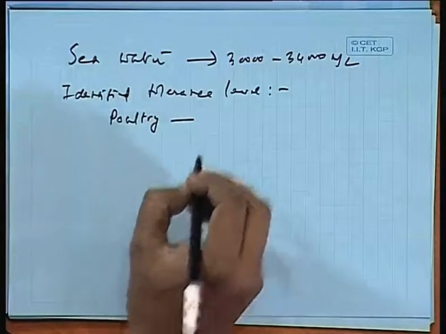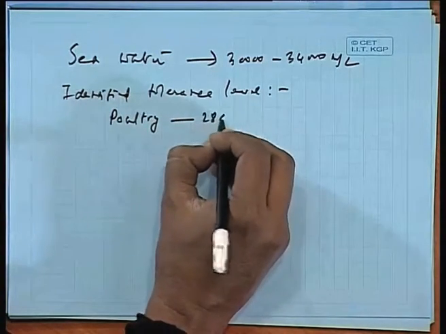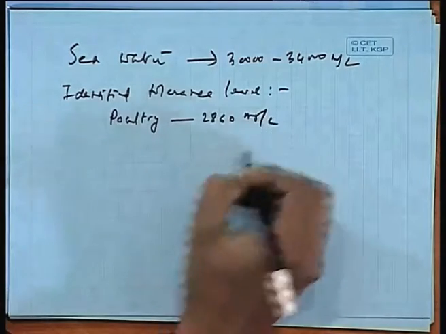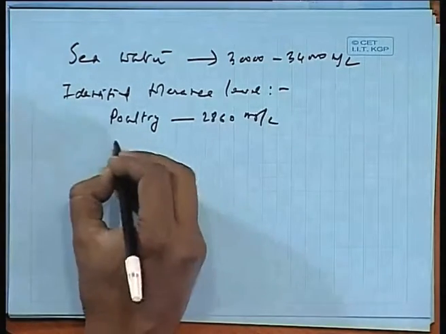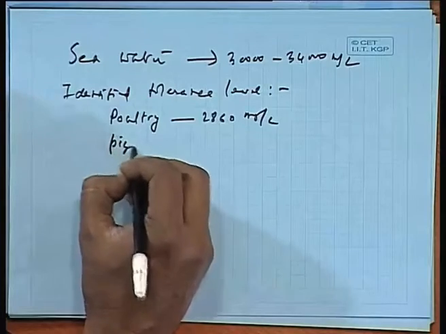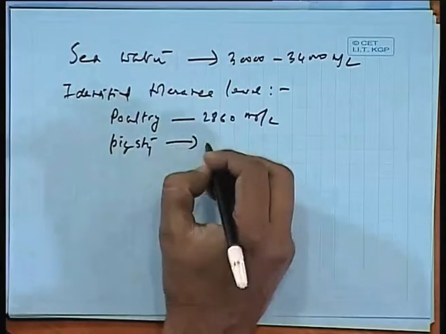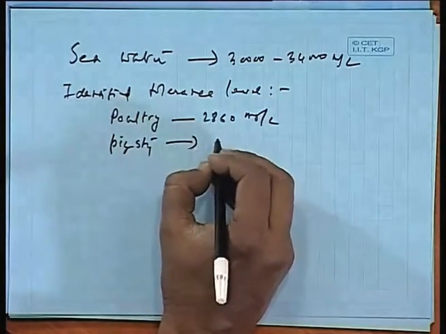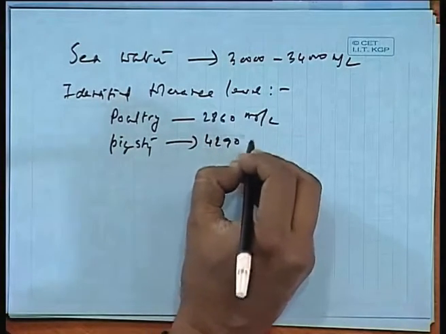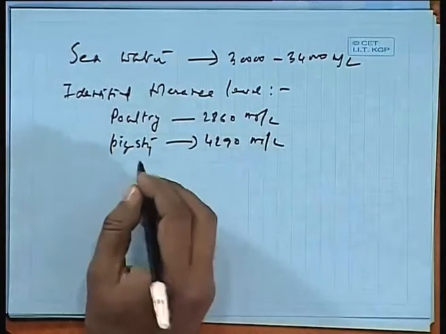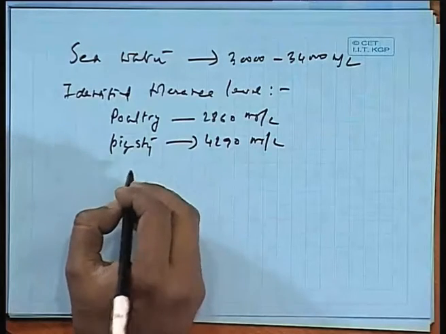If you are using the water for poultry, it should not have more than this concentration. This is for the pigsty, where the pigs are generally kept, 4290 milligram per liter.